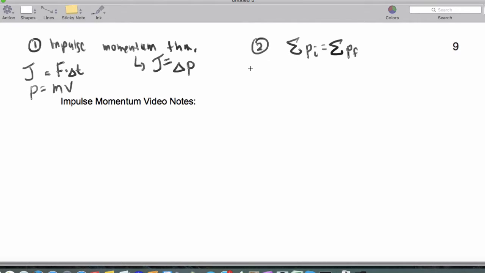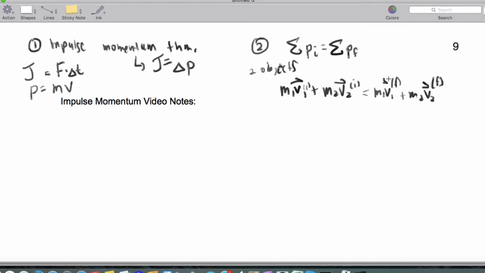Another way you'll see this written for two objects, which is typically what we deal with in AP Physics, is m1 v1 plus m2 v2 initial equals m1 v1 final plus m2 v2 final. And this principle is called the conservation of momentum.